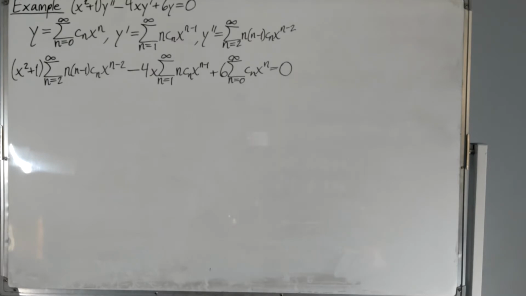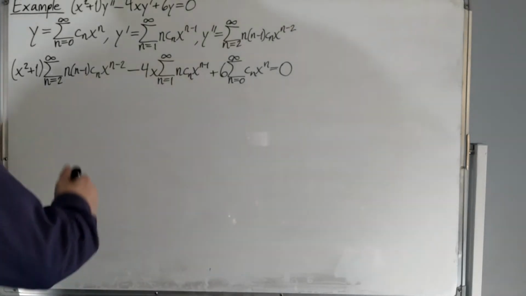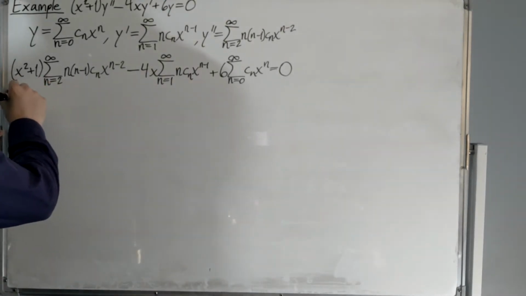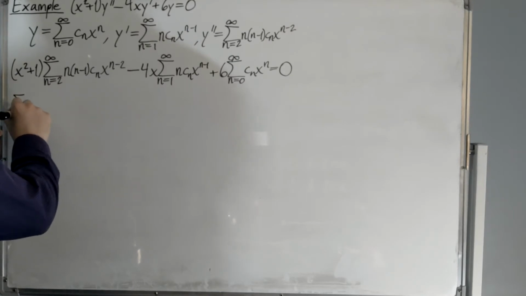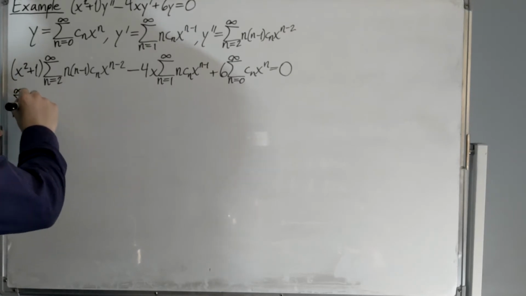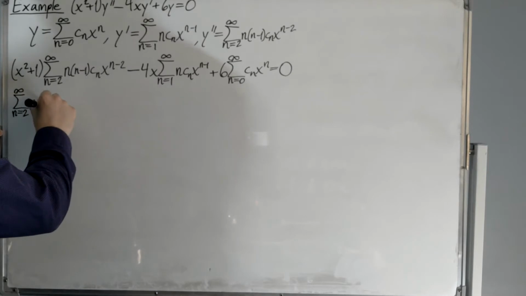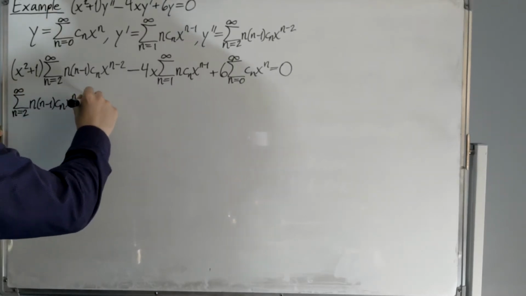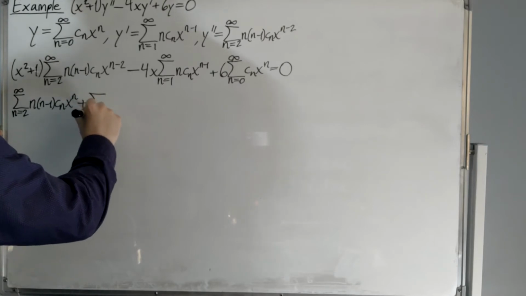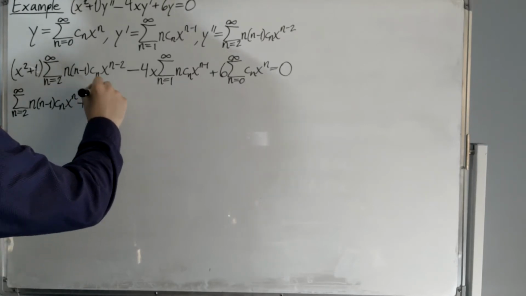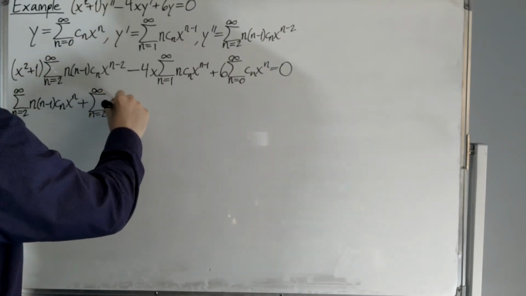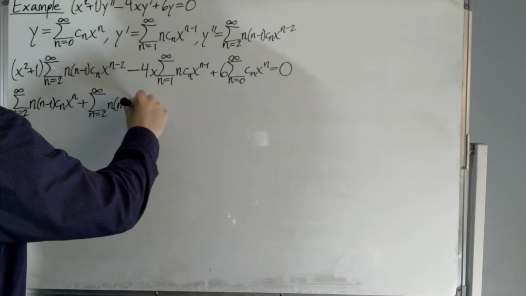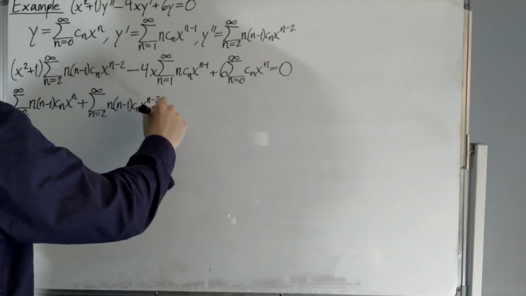Okay, so let's distribute everything first. So what we'll get here is the sum from n equals 2 to infinity of n times n minus 1, c_n x to the n. Then add to this the sum from n equals 2 to infinity of n times n minus 1, c_n x to the n minus 2.